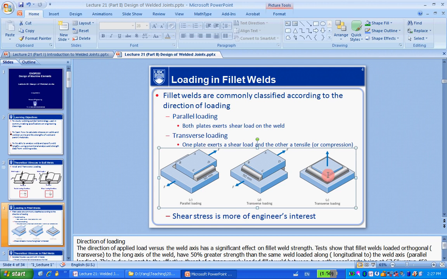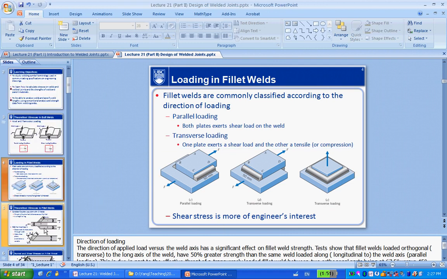Same thing for this one. Inside this ring, there's a shear kind of stress on the surface, but at the bottom of this weld, it's going to be the normal kind of stress. So that's another transverse loading. As a matter of fact, the shear stress is of more interest to our case here.